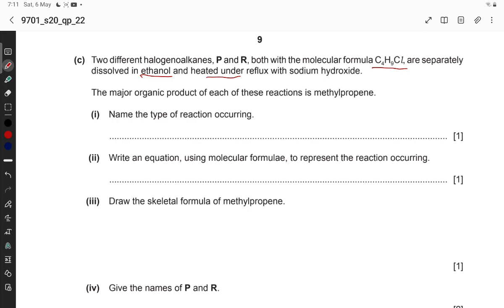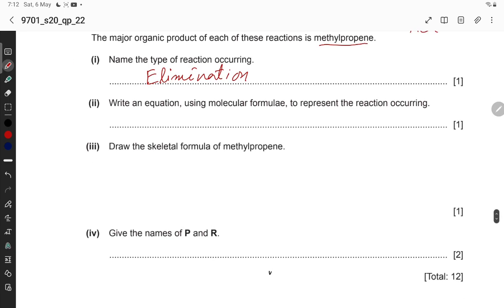The type of reaction occurring is elimination reaction, because of elimination of simple molecules like HCl, forming methyl propene, which is the major organic product.